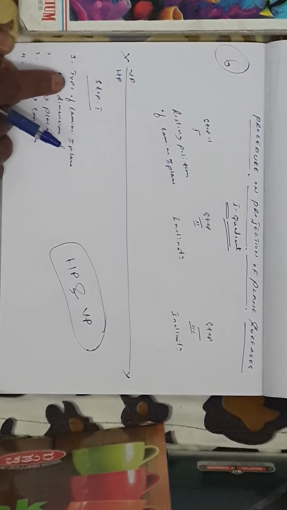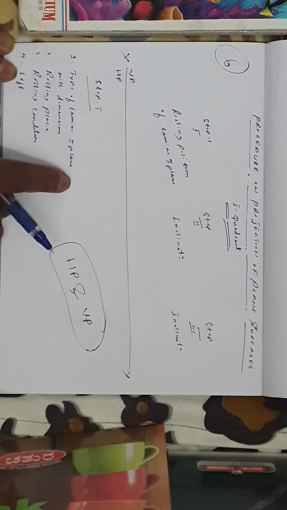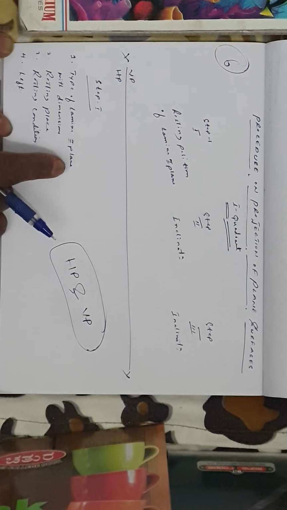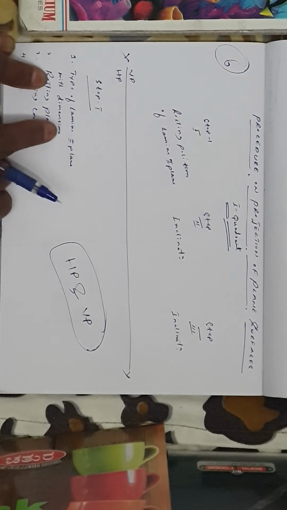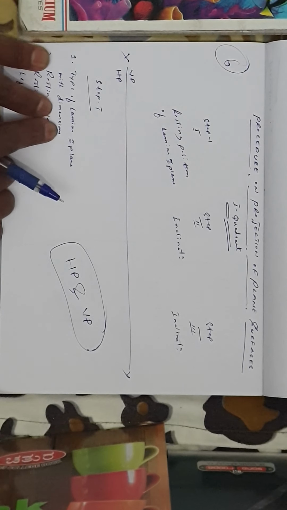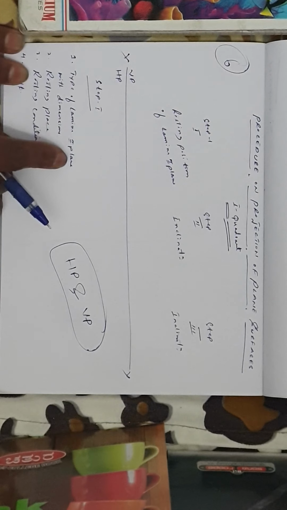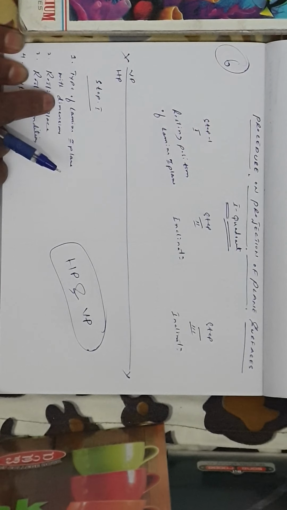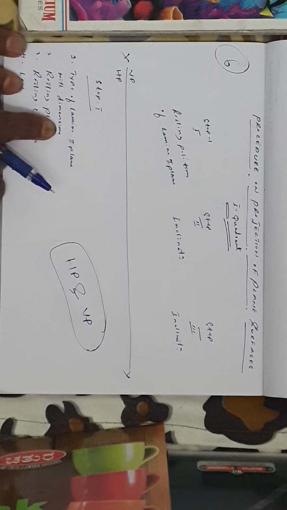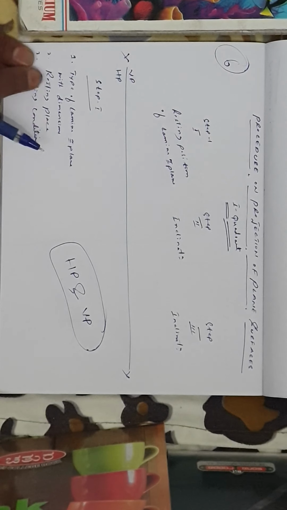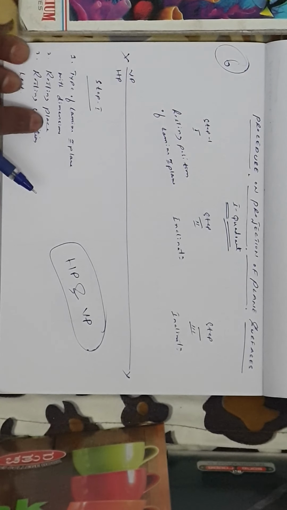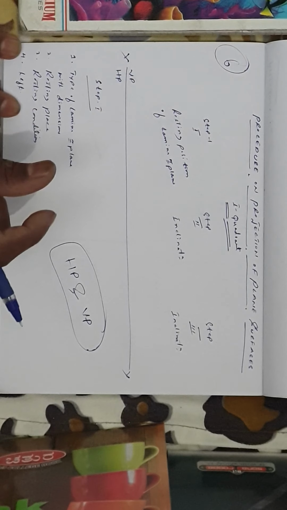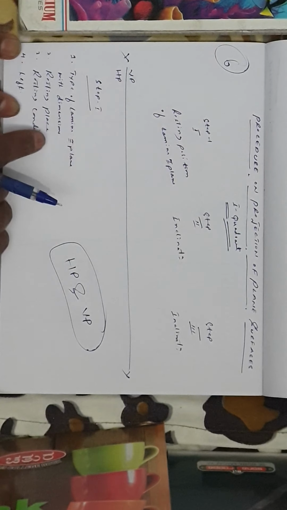First, you need to find out what type of lamina or plane is given: whether an equilateral triangular lamina, a square lamina, a pentagonal lamina, a hexagonal lamina or a circular lamina. The first basic point is to find out what type of lamina is given, with its dimension. That is the first data.